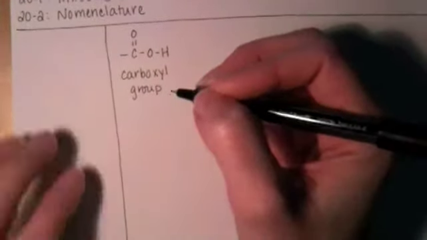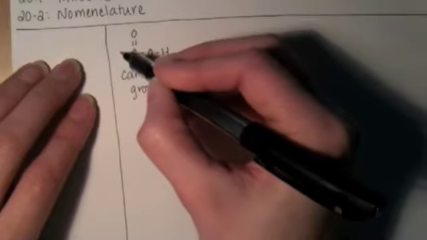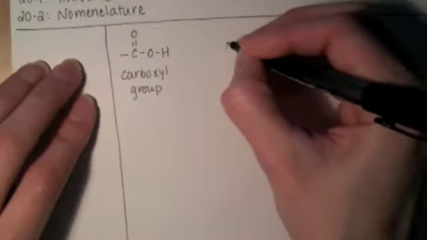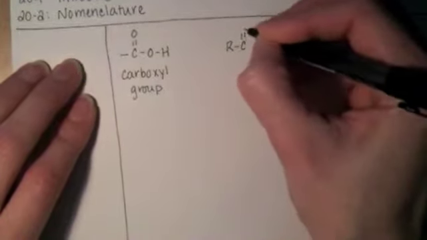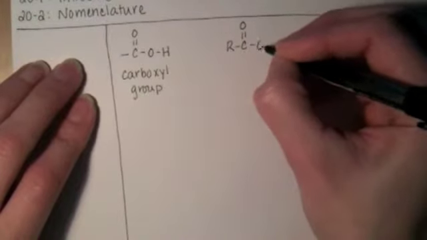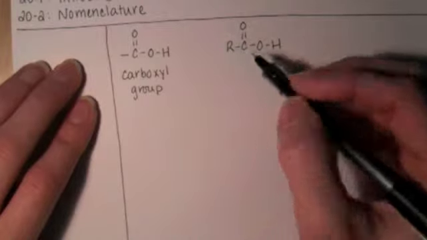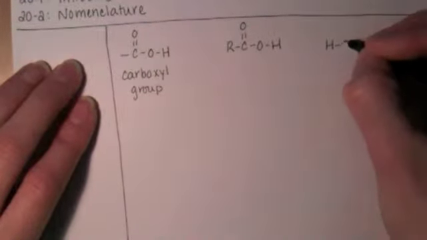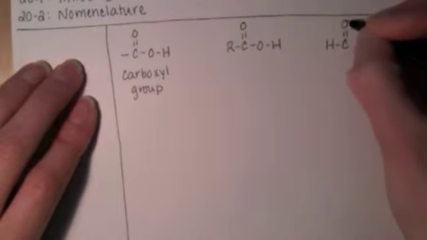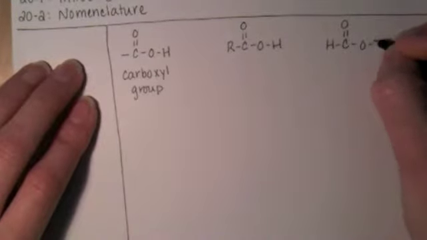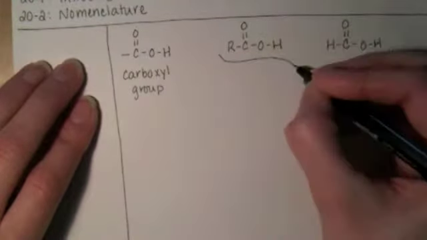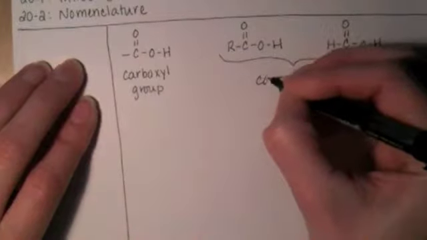So carboxylic acids have an alkyl group attached over here to this carbon. It can be cyclic or straight chain or aromatic. Or you could have a hydrogen on the carbon, the smallest carboxylic acid. So both of these are examples of carboxylic acids.